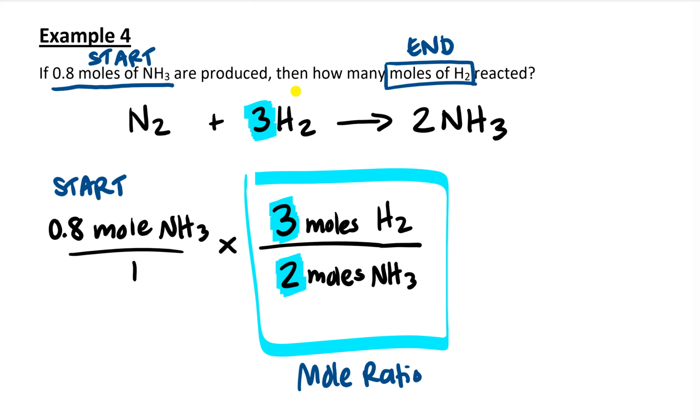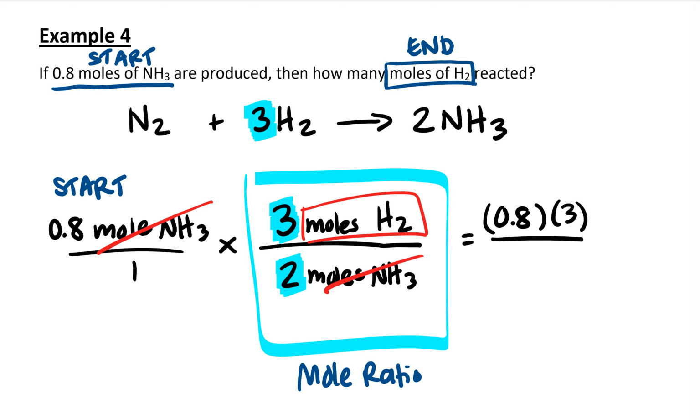And I have to put moles of ammonia on the bottom because I want those units to cancel. And I want to end here with moles of hydrogen. And so I know that I have my end right here in the numerator, so I know to pick up the calculator and do this math. So this math, remember, is going to be multiply the top, then you multiply everything that's on the bottom, and then you divide.